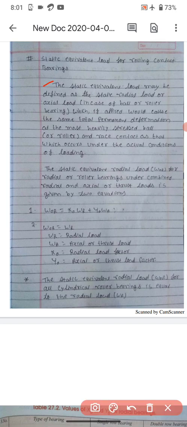The static equivalent load may be defined as the static radial load or axial load in case of ball or roller bearing, which if applied would cause the same total permanent deformation at the most heavily stressed ball and race contact that which occurs under the actual concentration of loading.